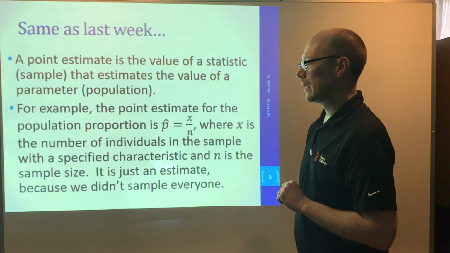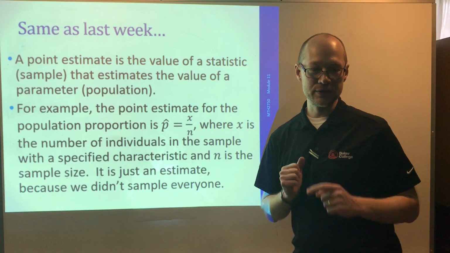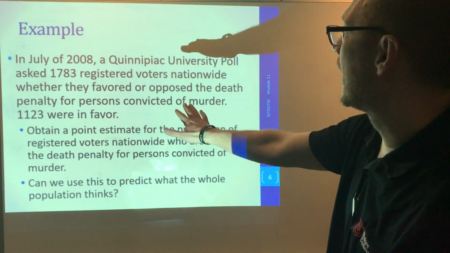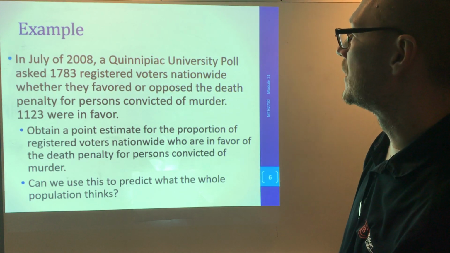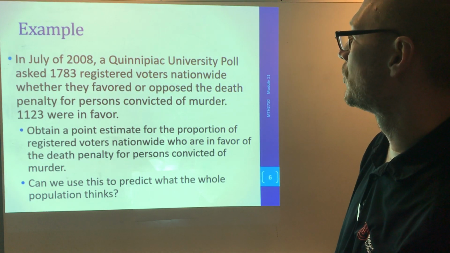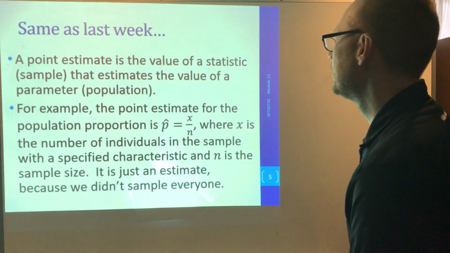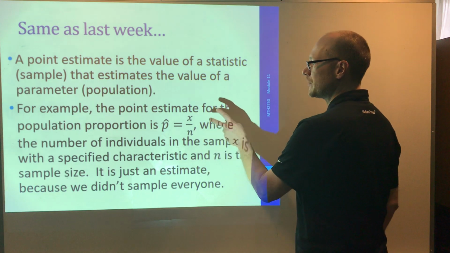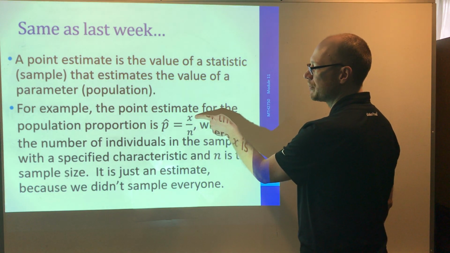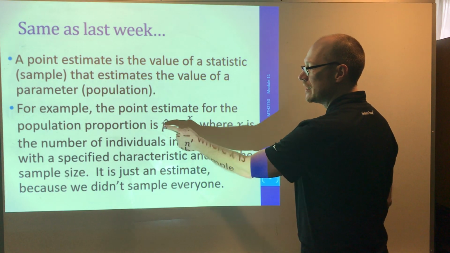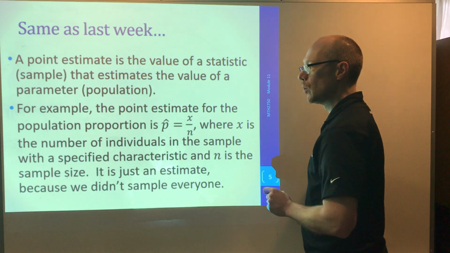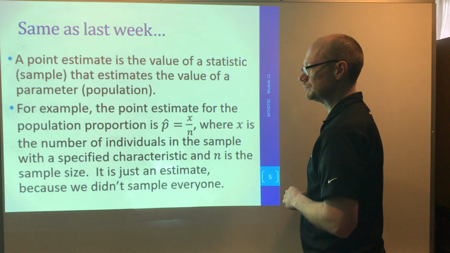The example I'm going to use is the Quinnipiac University poll, which we did, of 1783 registered voters, whether they favor or oppose the death penalty. You recall that the point estimate is how many people think a certain way out of how many people you asked. That is the point estimate for the population.